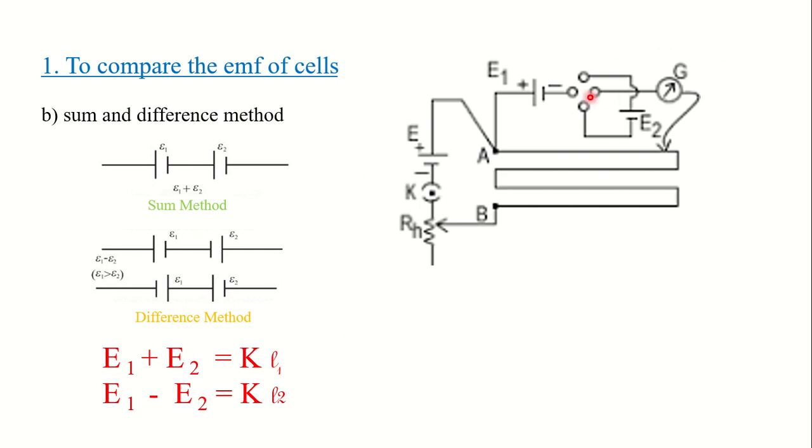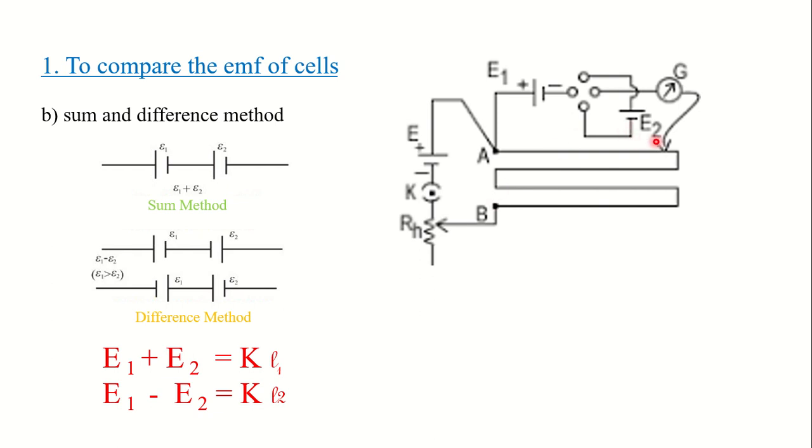Now what you have to do, first you will close here and here. That means both the cells are assisting each other. Now you will tap the jockey at A and tap the jockey at B. And see the deflection in the galvanometer is in two opposite directions.